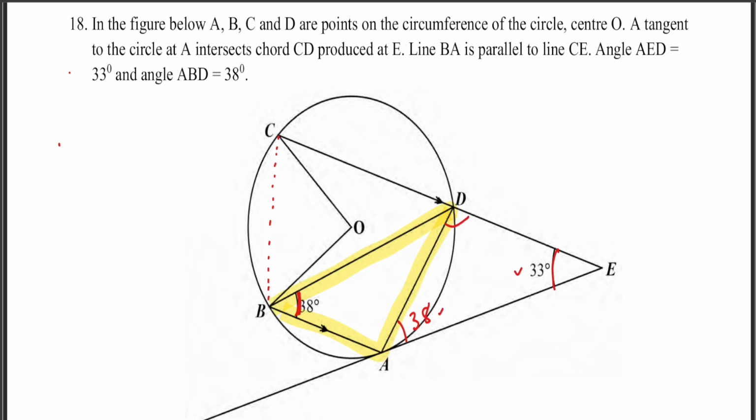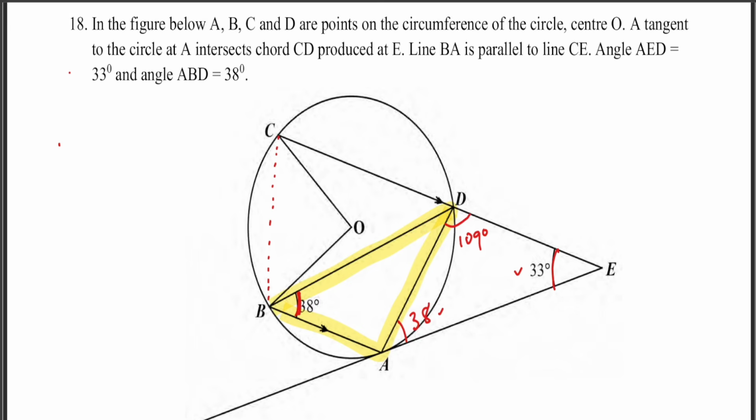You add them together, 38 plus 33, how much does it give you? You get 71. And if you take 180 minus 71, it gives you 109 degrees. So basically we're saying that this is 109 degrees. So that's one of the angles, but that's not your answer yet.